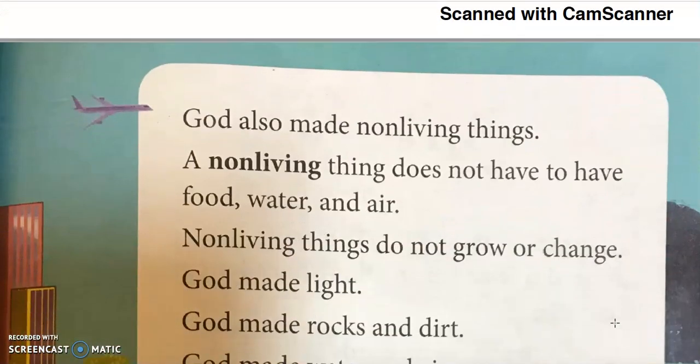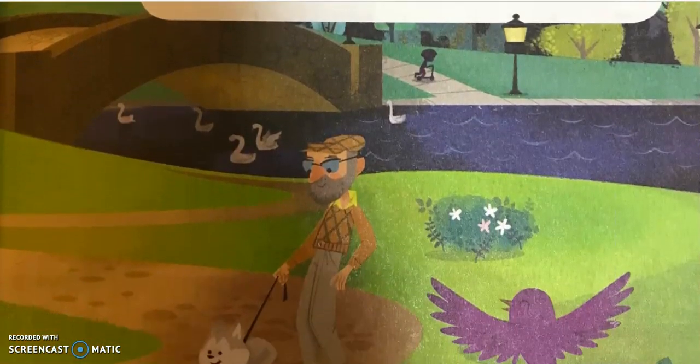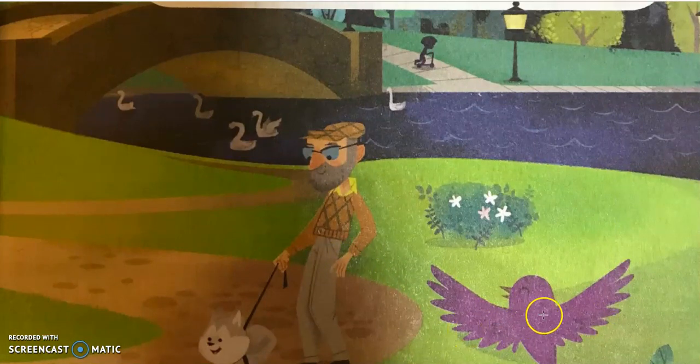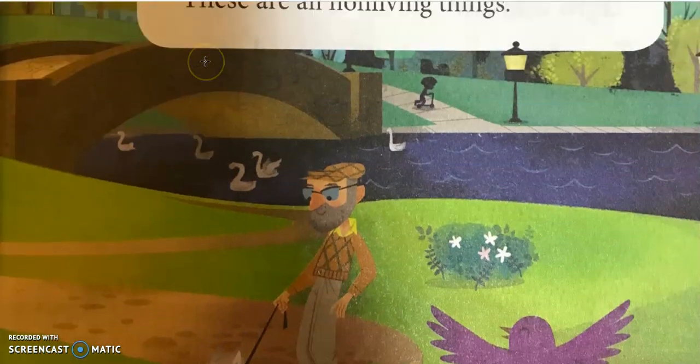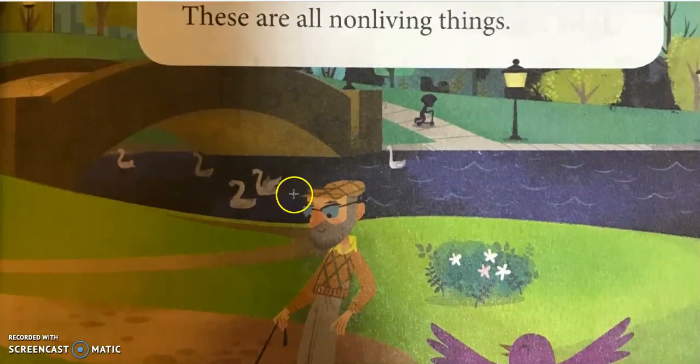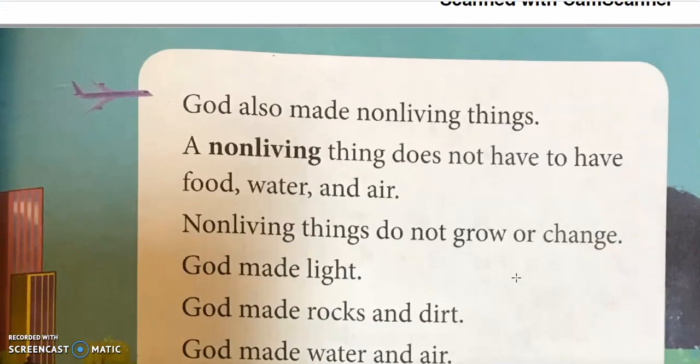We have a picture right here too. Yes, we have a man. And I see another bird and a dog. And yeah, ducks in the river. Some plants, right?